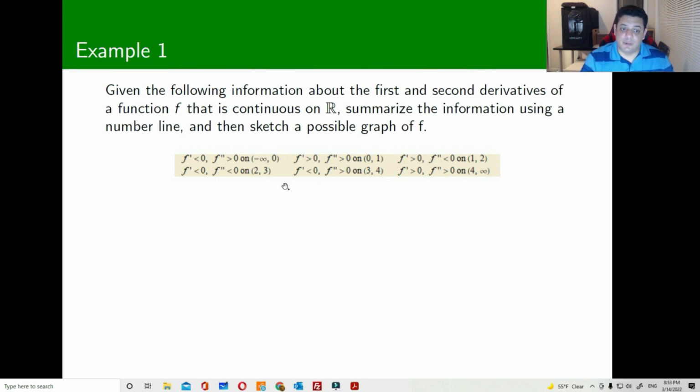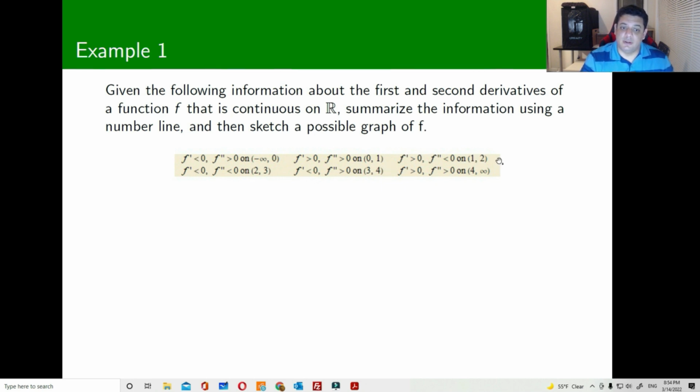Then later, if we go to the interval between 2 and 3, we have that f prime is negative and f double prime is negative as well. So notice that there is no change in the concavity, so 2 is not going to be an inflection point, but there is a change between the increasing and decreasing behavior.